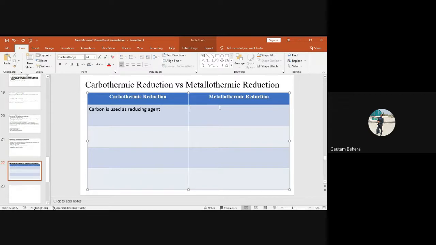Here, basically, reactive metals are used as a reducing agent. This is the less expensive process, and this is the more expensive process.